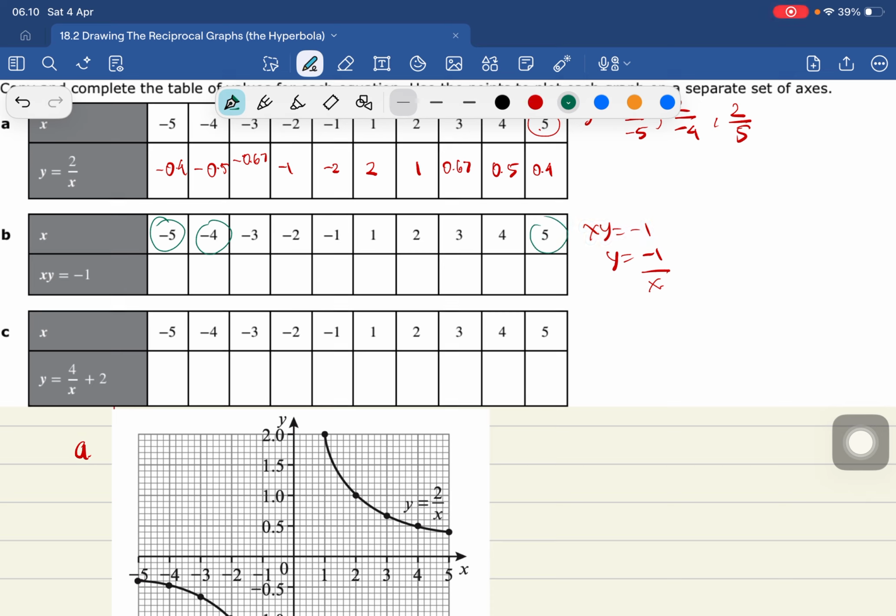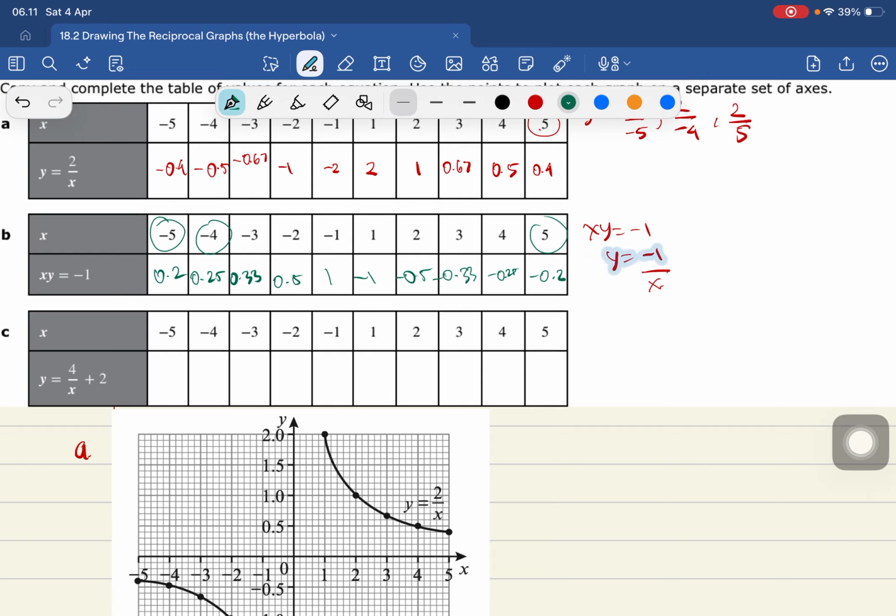I will just tell you the answers so you can compare with mine: 0.2, 0.25, 0.33, 0.5, then 1, negative 1, negative 0.5, negative 0.33, negative 0.25, and then negative 0.2.